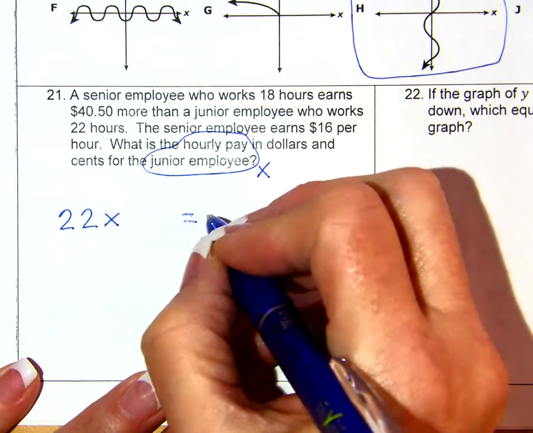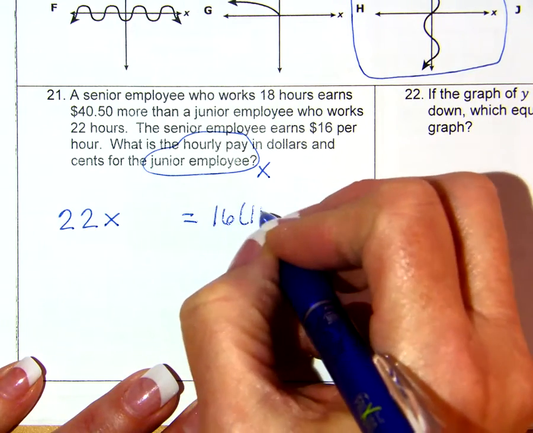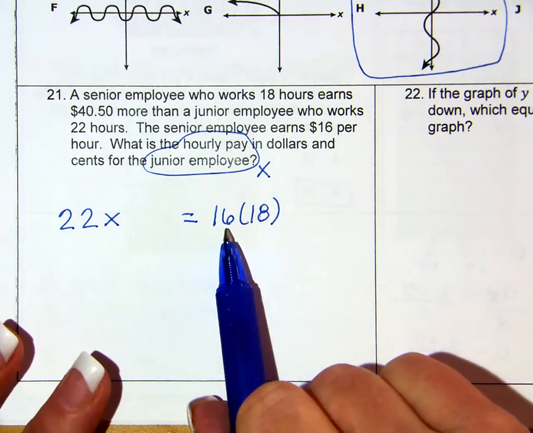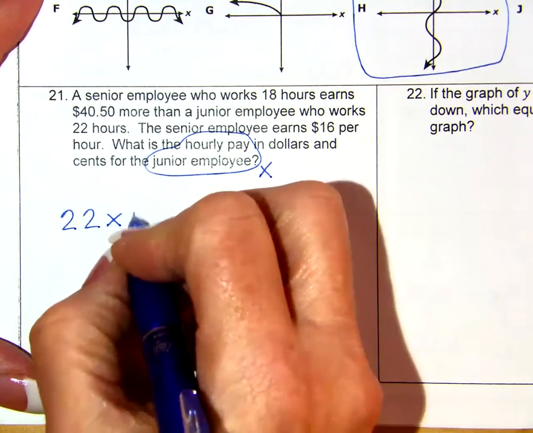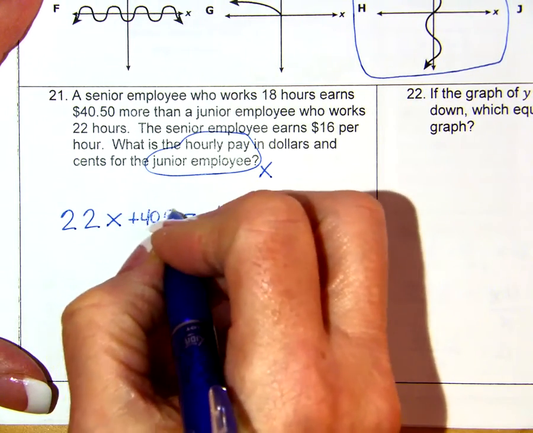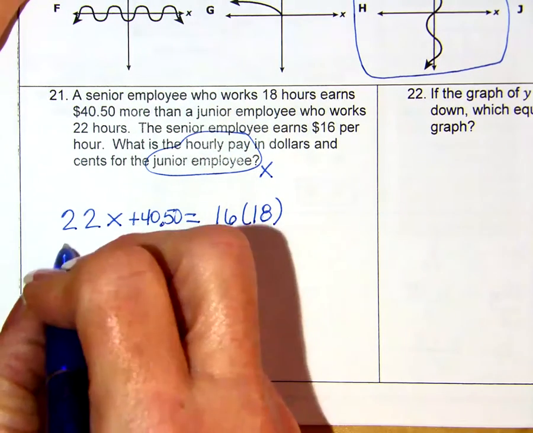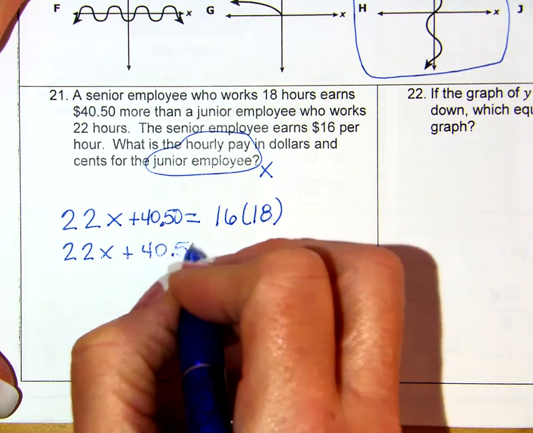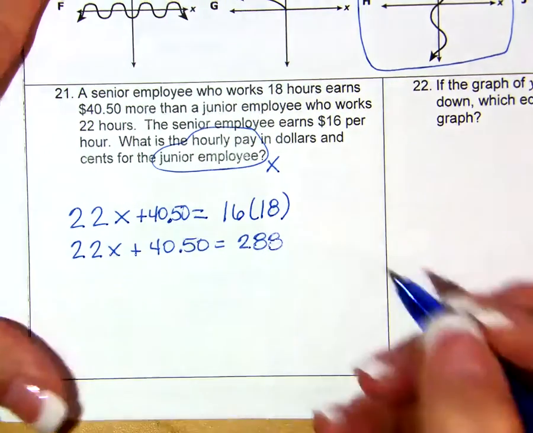And we know that the senior employee works 18 hours and he makes $16 per hour. So we know that that's how much he makes, and that this amount is $40.50 more than what the junior employee makes. So I need to add $40.50 to the junior employee's total to get what the senior employee makes. So now it's simply a matter of solving for x. This should be 288.